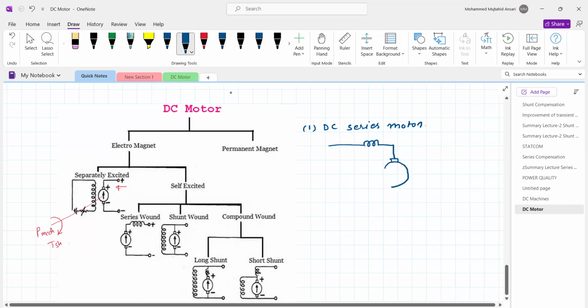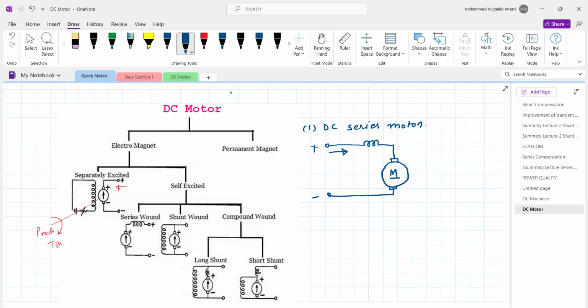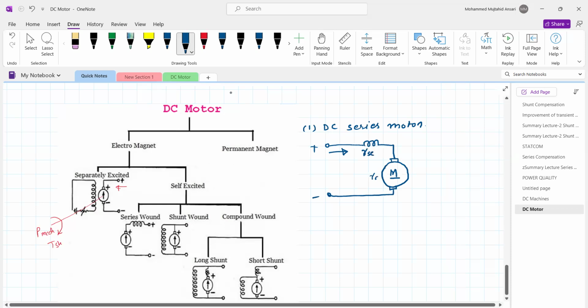The difference between generator and motor is that instead of G, we write M for motor, and this is the DC supply. It will consume the current, with the current direction from the terminal to the motor side. Again there is the resistance RA, and it delivers the current.